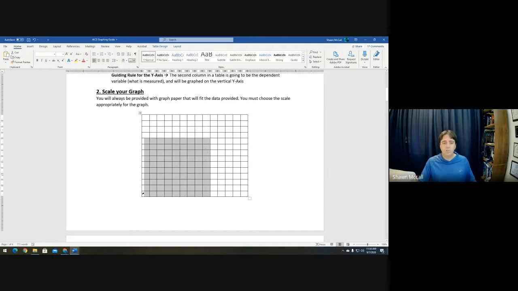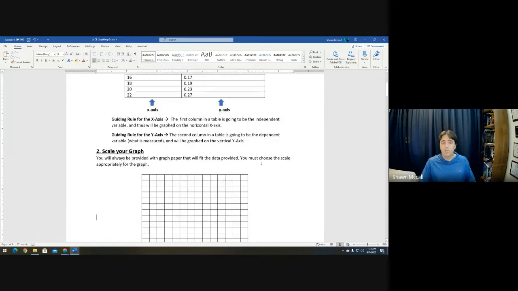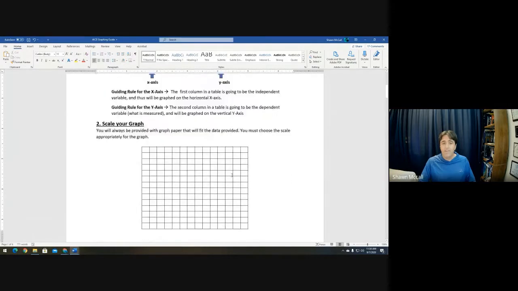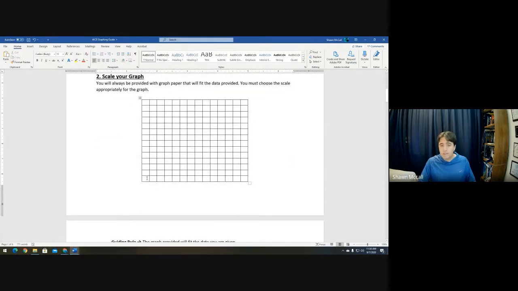You need to use the entire graph space, or you will lose points when given on a test. So you've got to figure out how to make these numbers fit all the way across the x-axis and the y-axis. That's what you need to do.